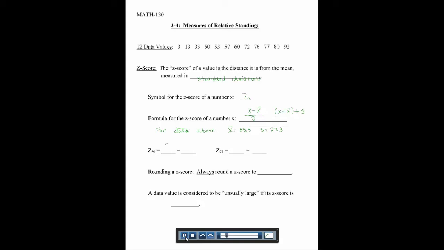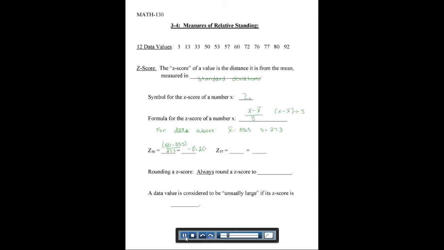We take 50 minus the mean, so minus 55.5, divided by 27.3. Remember, when you put it into your calculator, you'll want to put the 50 minus 55.5 in parentheses, and then divided by 27.3. And we normally round the z-scores to 2 decimal places, so this would be negative 0.20.